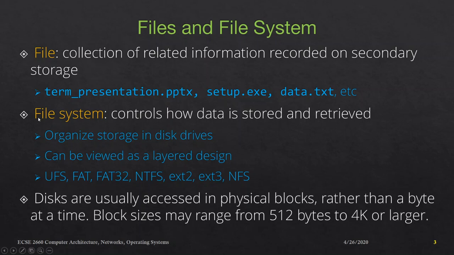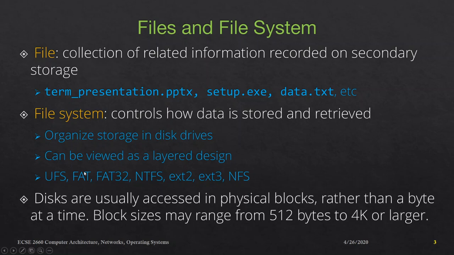But on the back end, there's a file system which controls how data is stored and retrieved on a hard disk. So a file system essentially organizes the storage in disk drives, and it can be viewed as a layered design. We'll talk about how the layered structure of a file system works. Several examples over here: for example, Unix file system, UFS, file allocation table, FAT and FAT32, and NTFS, New Technology File System.